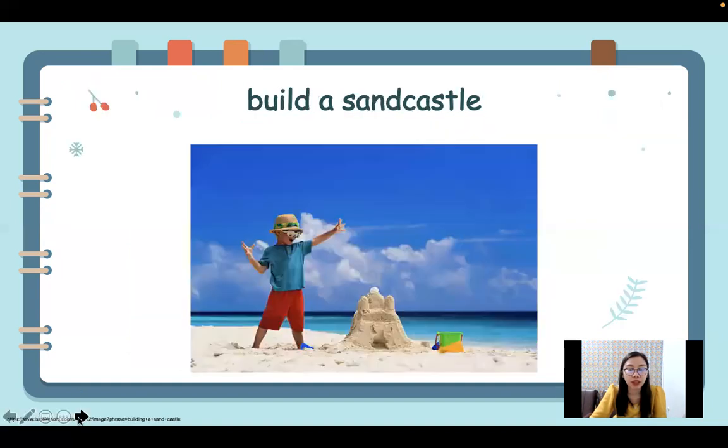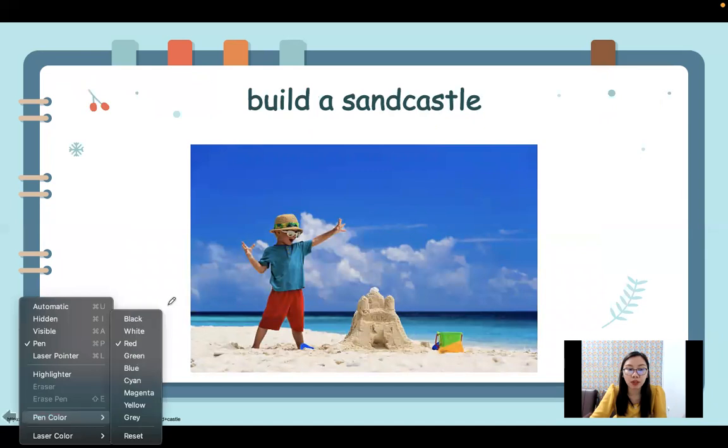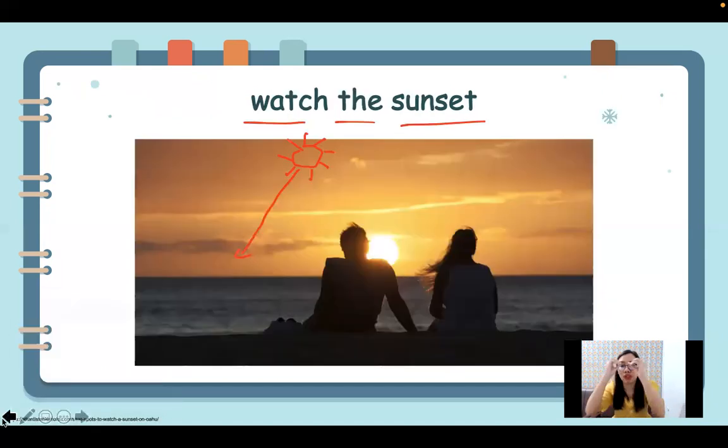All right, next one. Shimai, do you remember what we mean by watch? Watch, like watch TV. So it's different from look. Look is like you are finding something. Where is it? And watch is like you focus.